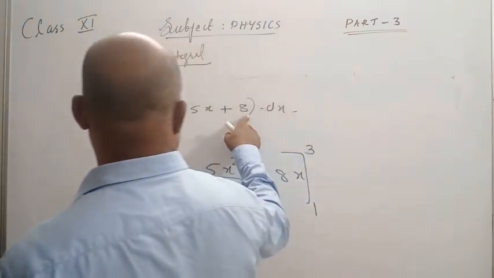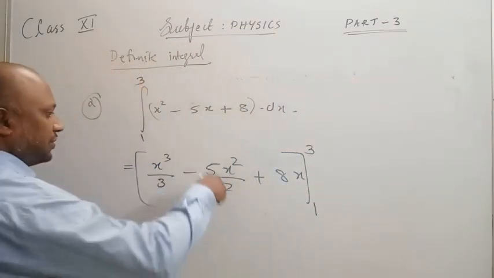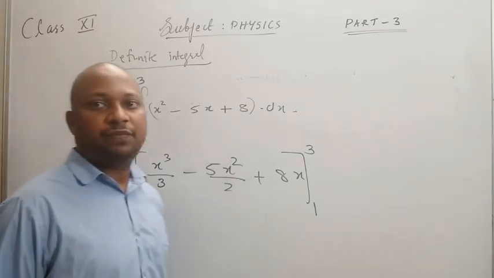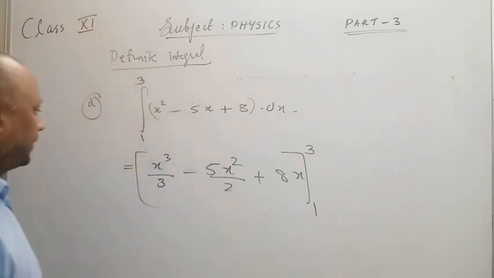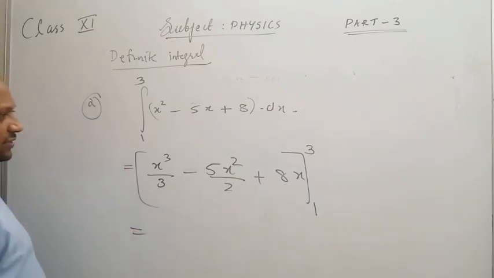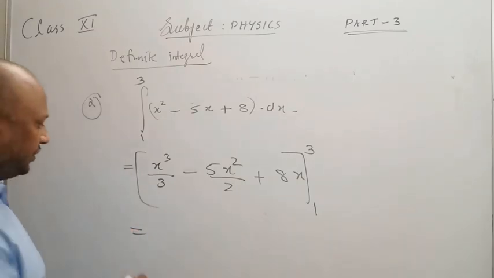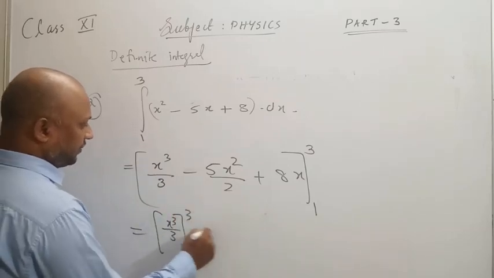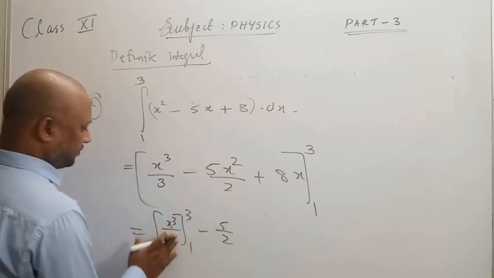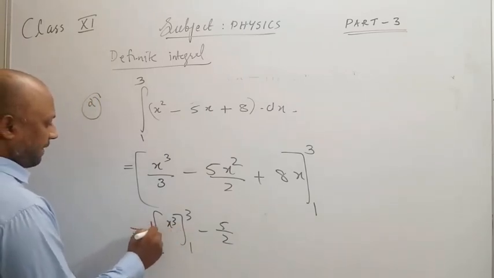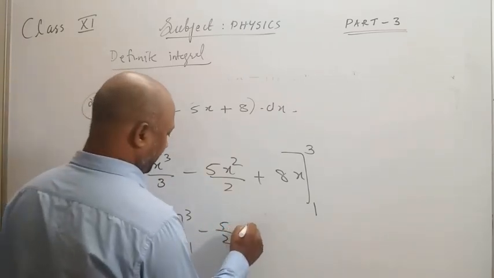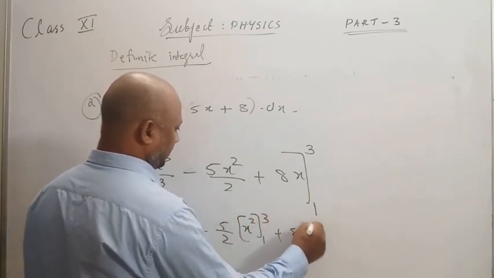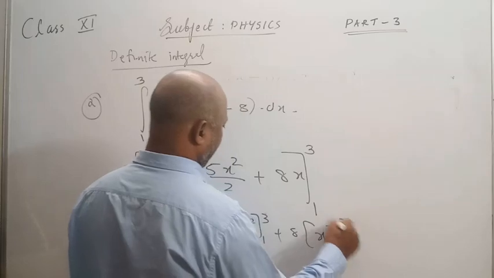So 8x, you can even assume it as x to the power 0, so x to the power 0 plus 1, which means 1. So here you can individually even do it. X cube upon 3, 1 to 3, minus 5 upon 2, so I'm taking the constant out, of x square 1 to 3, plus 8 of x 1 to 3.